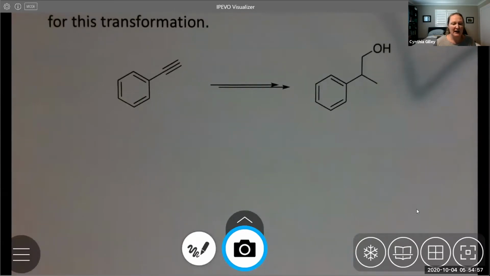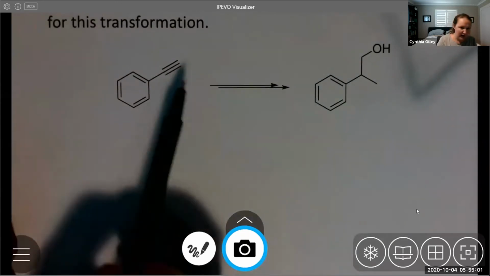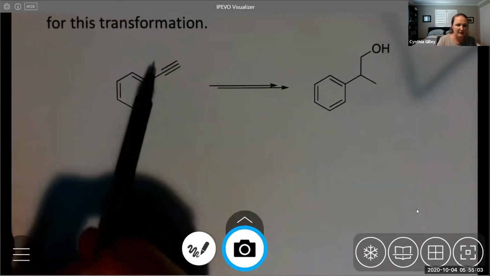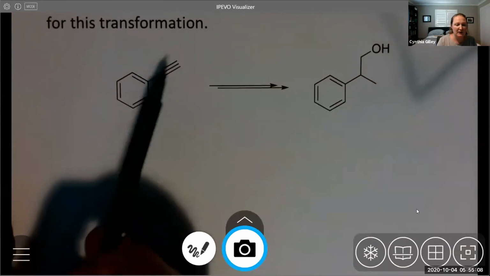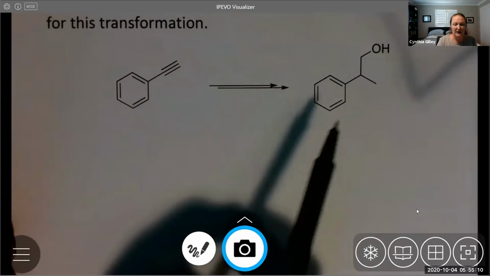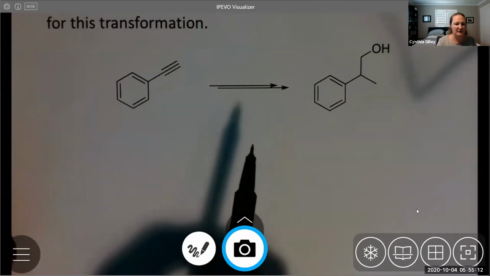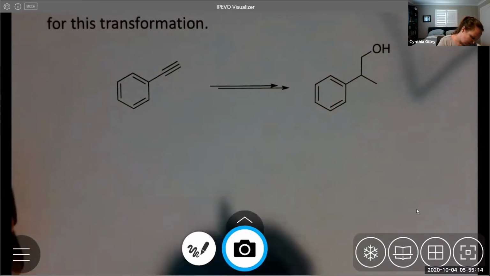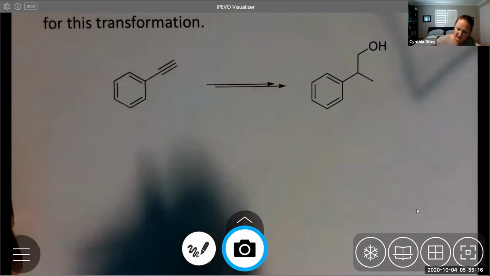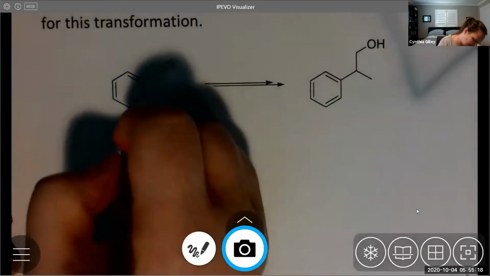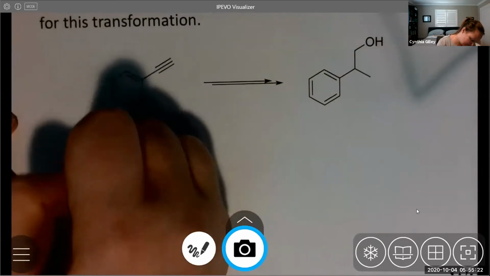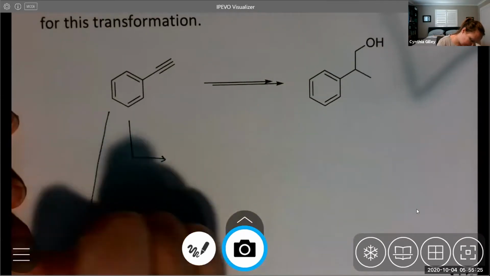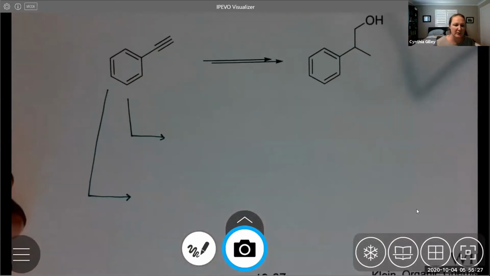But what I am thinking about doing is exploring my options from a terminal alkyne. And then after I do that, I'm going to think about what carbon-carbon bond skeleton changing reaction I want to use. So one of the things I know about a terminal alkyne is that I can access either an aldehyde or a ketone from a terminal alkyne.